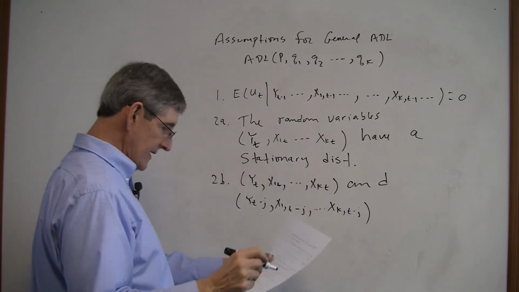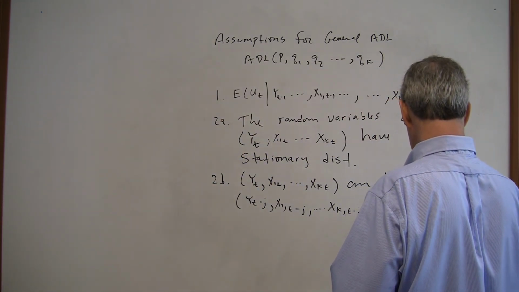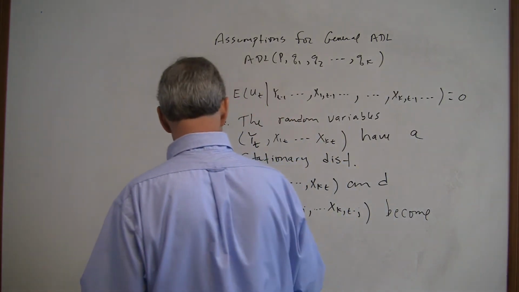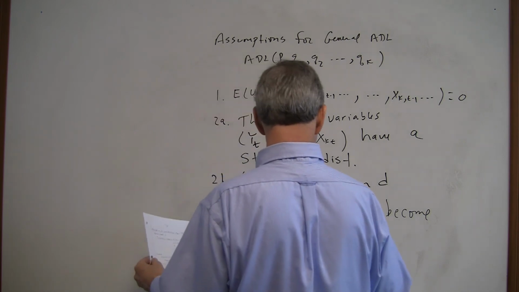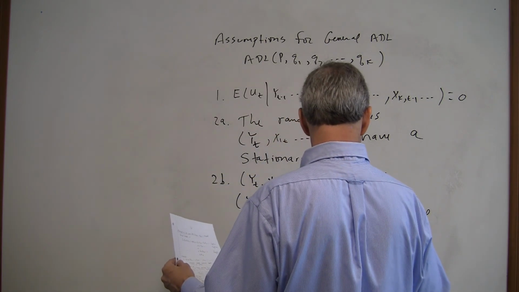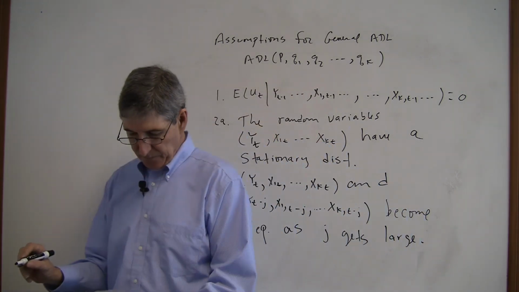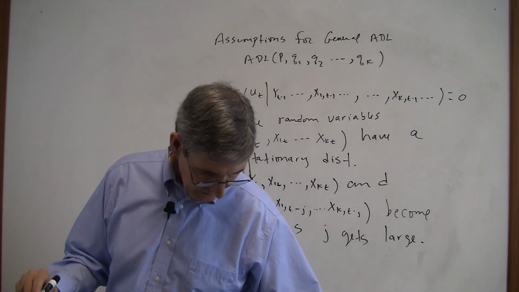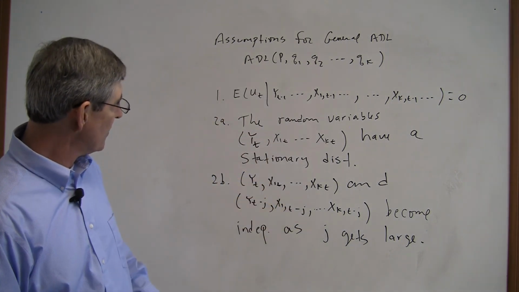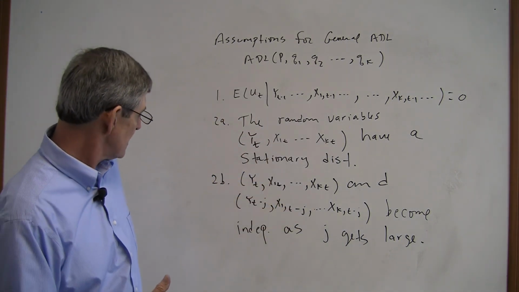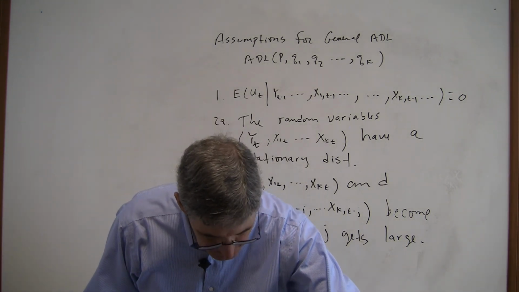So these two sets of things do just what I said. They become independent as j gets large. The autocorrelations die out. Basically, this ensures that the central limit theorem will hold. It gives us enough randomness. But that's not something I want to spend much time on.